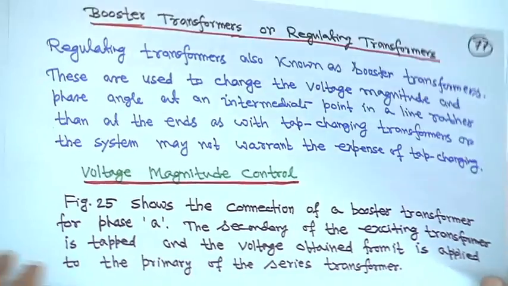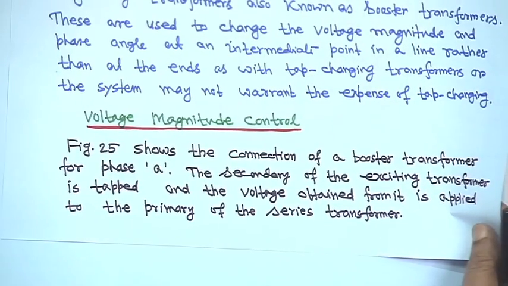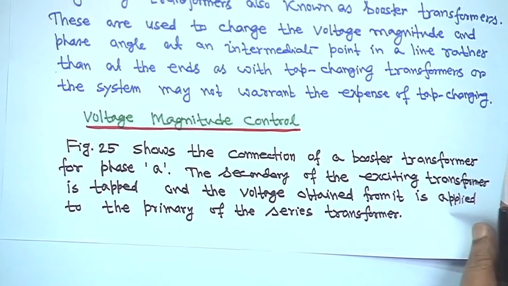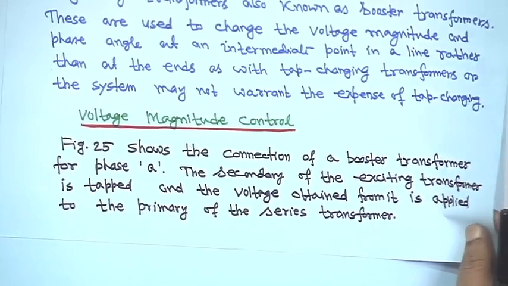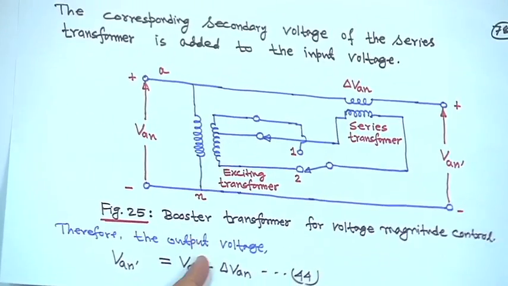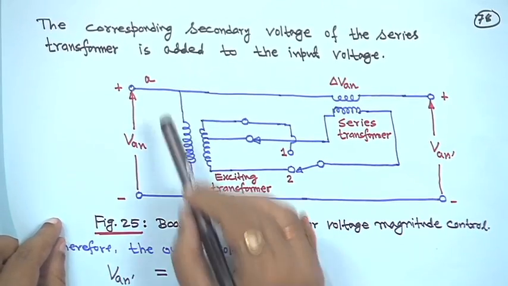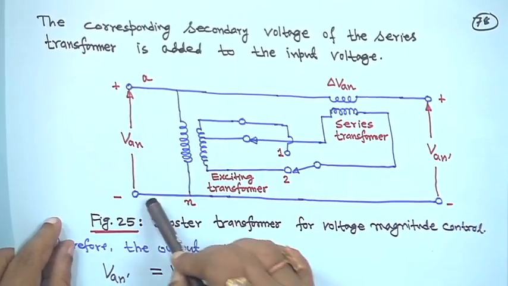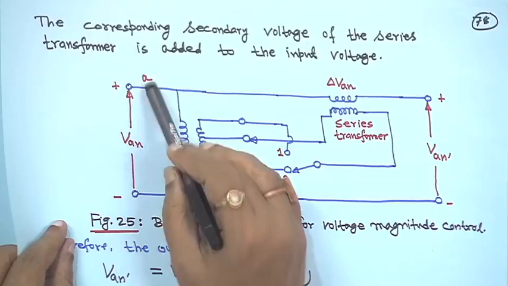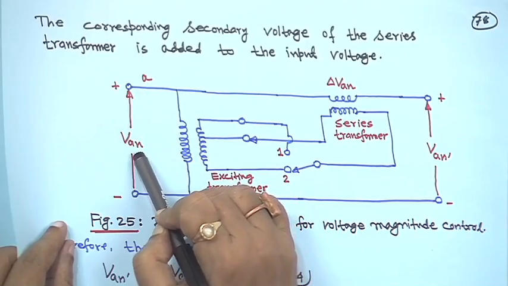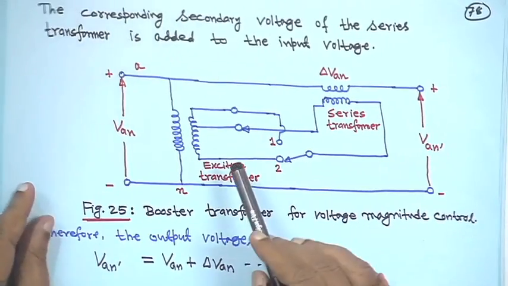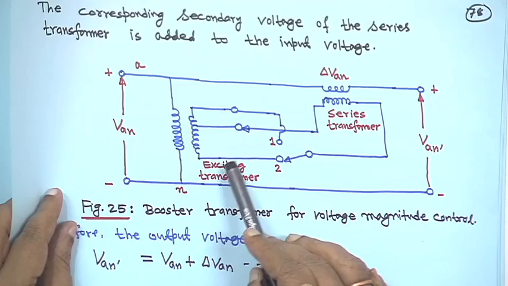Figure 25, I will come to that, shows the connection of a booster transformer for phase A. This is your booster transformer connection. We are considering only phase A, taking line to neutral. So, this voltage is VAN, and this is the exciting transformer.